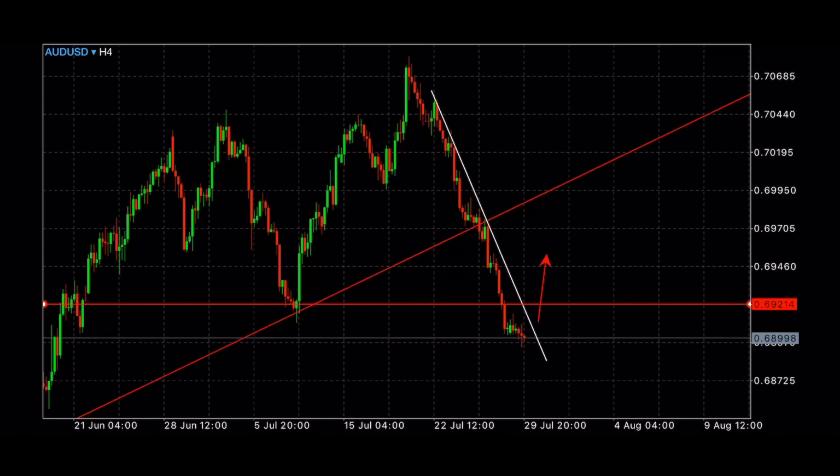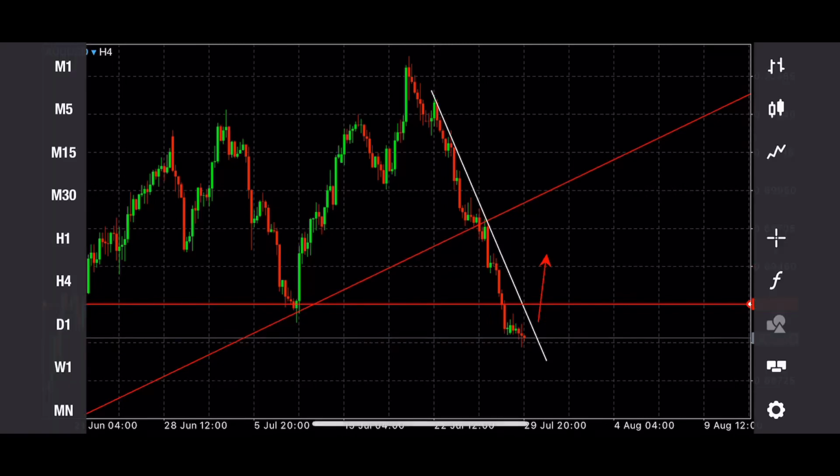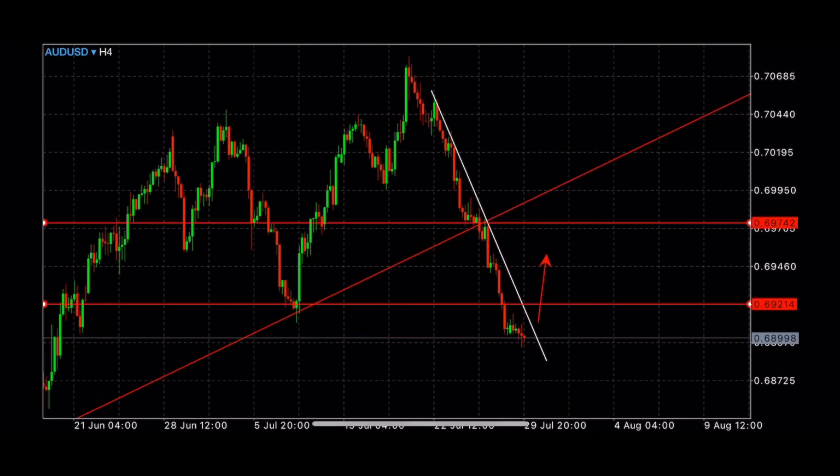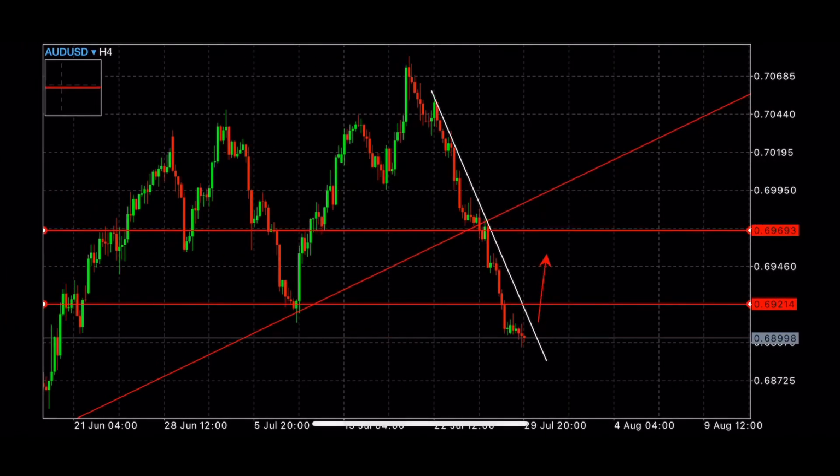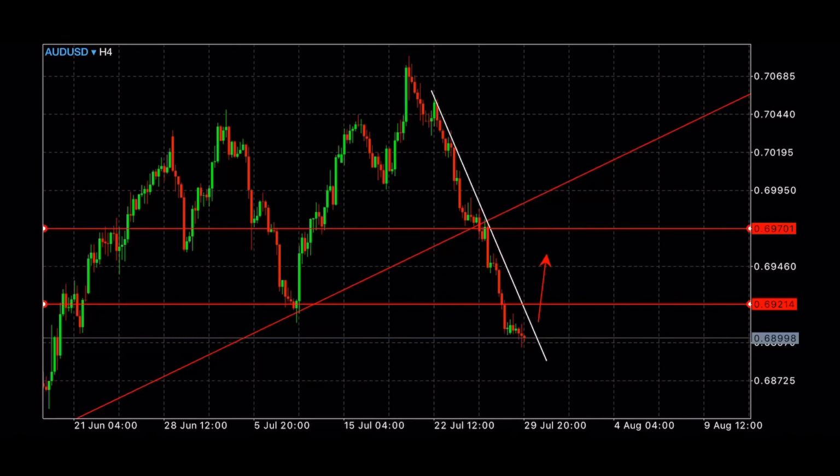You're putting a buy stop there, and the TP for that buy stop is going to be here at 0.697001. That's where I want you to put the take profit for that buy stop that you're gonna put for this trade.